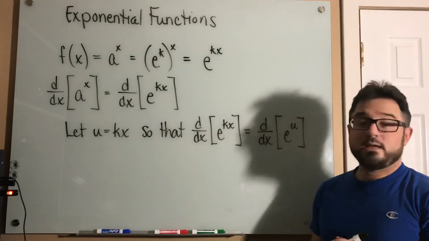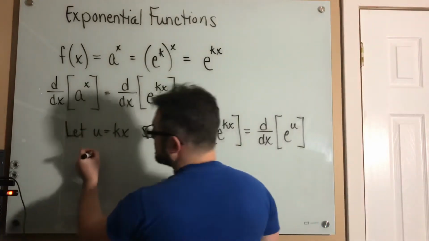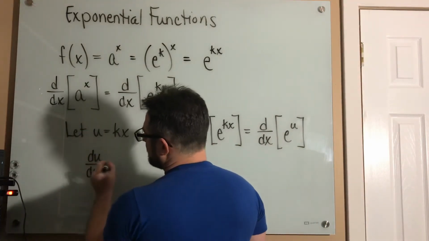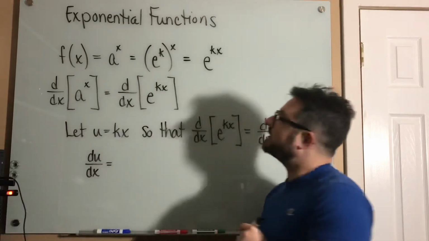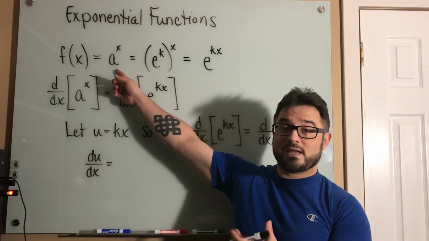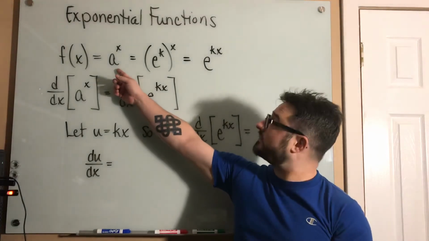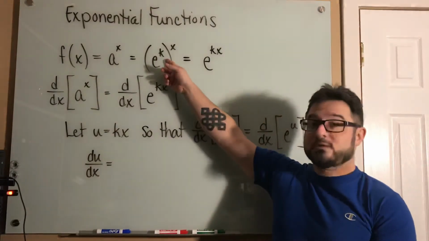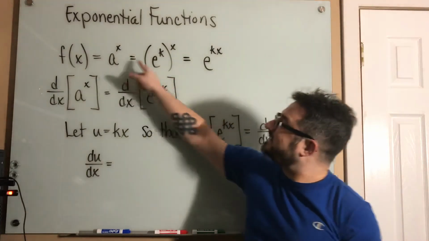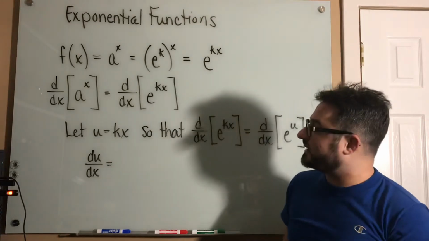So we need our du dx, our derivative of the inside function. Now, the thing to remember here is that a, for any exponential function, is a known constant. It's a known value, which means k must also be fixed because e is fixed. So if a is a constant and e is a constant, k has to also be a constant.